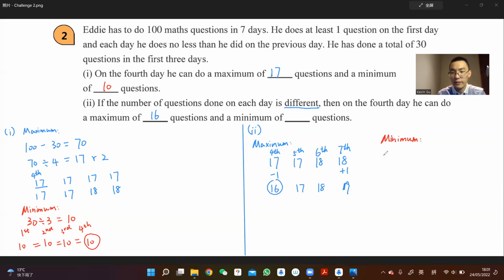So we copy the 10, 10, 10 here, and we do the same operation to make them different from each other. So 9, 10, and 11. And remember, this is the first, the second, and the 3rd day. This 11 is not the 4th day, okay? The 4th day has to be different, and more, so it is 12. So the minimum of questions that can be done on the 4th day is 12, which is the answer to this question.